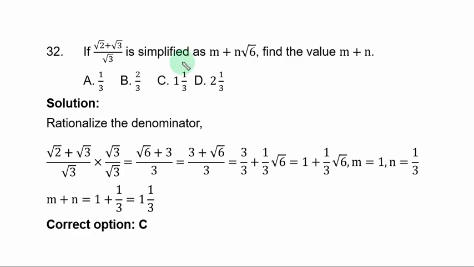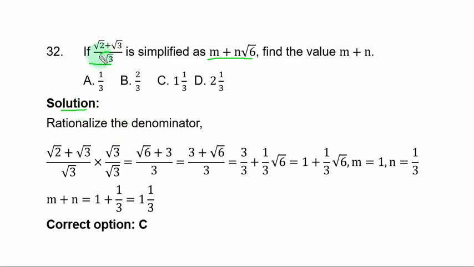Question 32. If (root 2 plus root 3) over root 3 is simplified as m plus n root 6, find the value of m plus n. So you have the solution. Here, what we need to do is to rationalize the denominator.